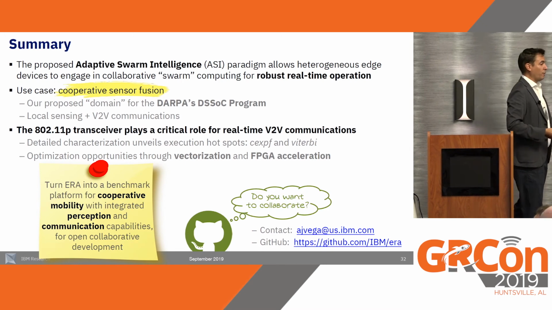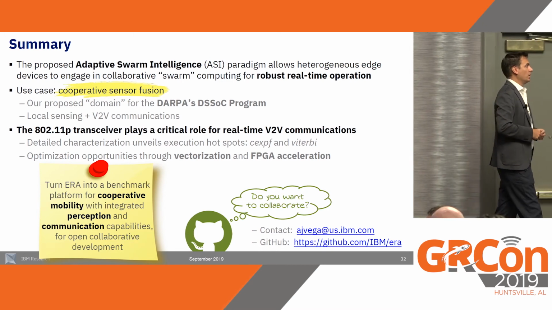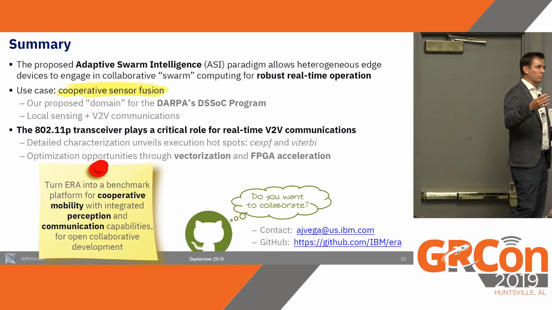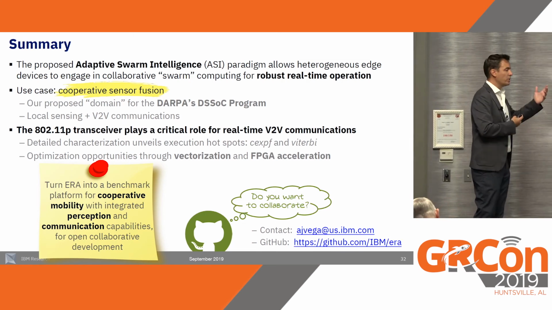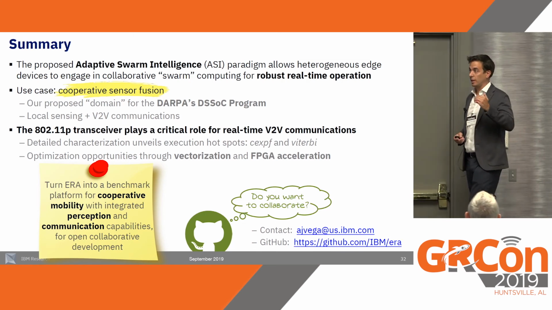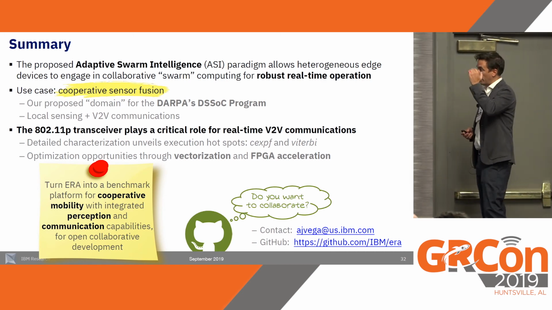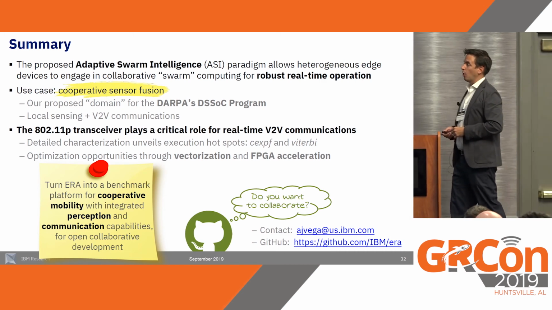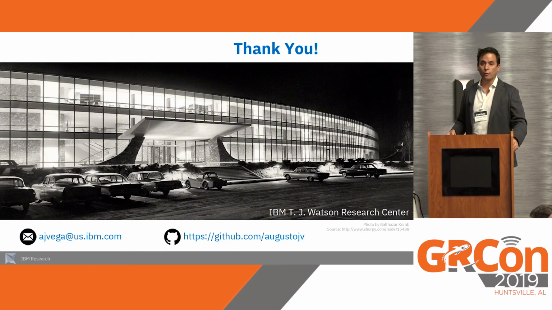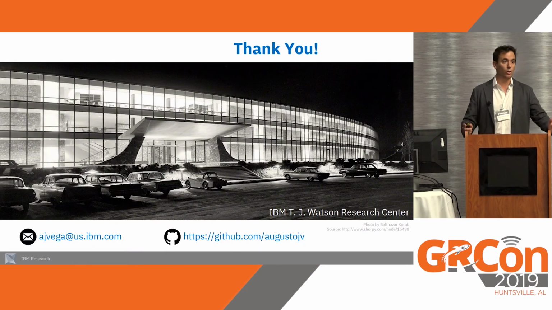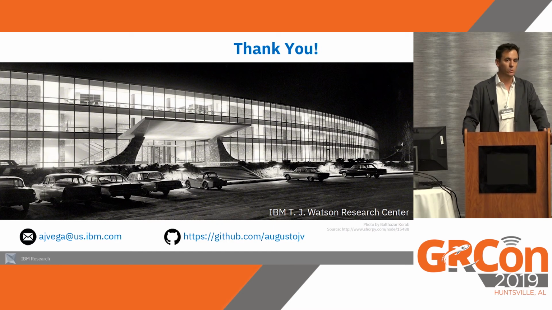So please feel free to reach out to me, to us, if you see this is of interest to your work and you have any way to collaborate or contribute to this idea. This is a very long term goal for ERA. So that's it. Thank you for your time. I will appreciate any questions.